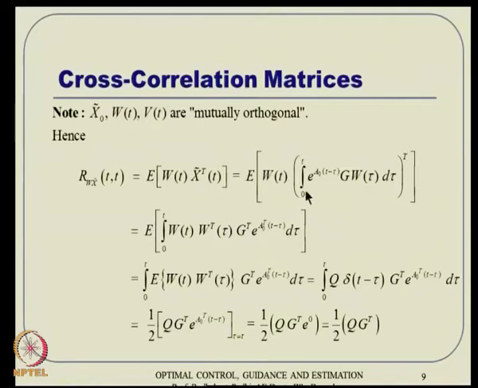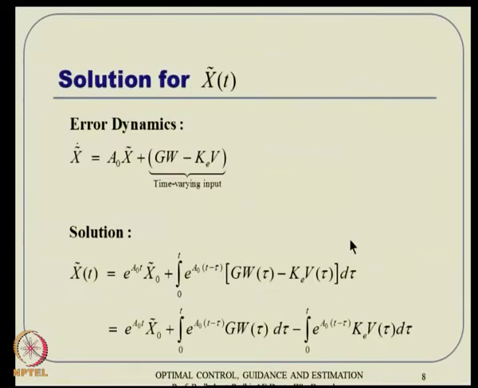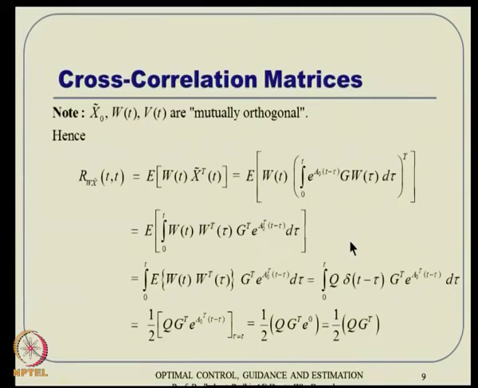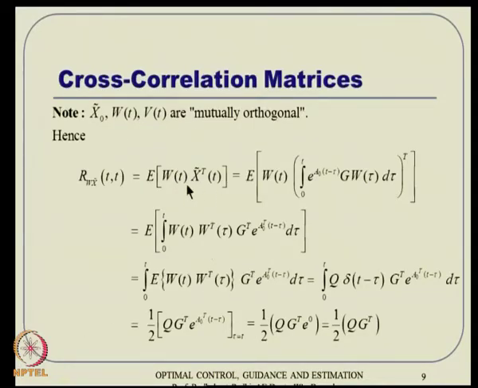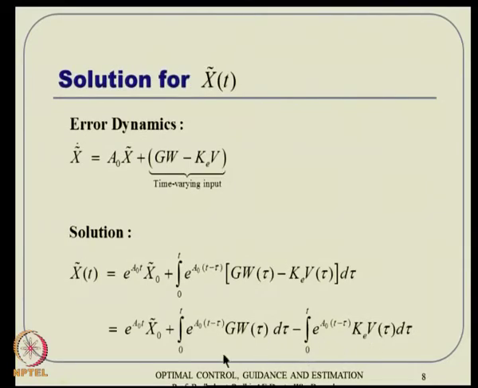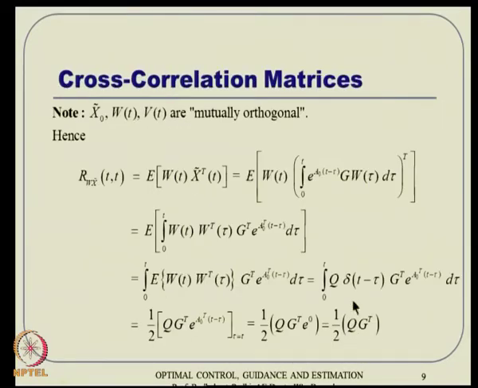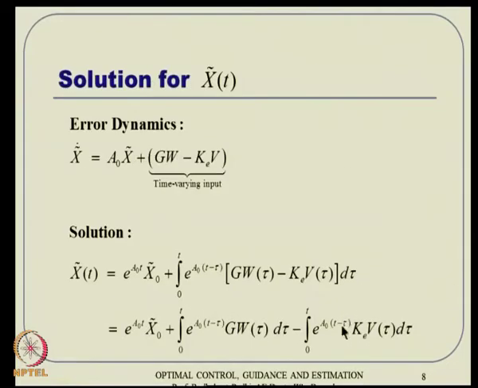So we put this x tilde expression in. Remember, using the linear property of expected value, and because these are orthogonal to each other, that will cancel out. So what will remain is only the integral part coming out of here, and we keep only that part, because when you operate it with W, only the W part will remain.